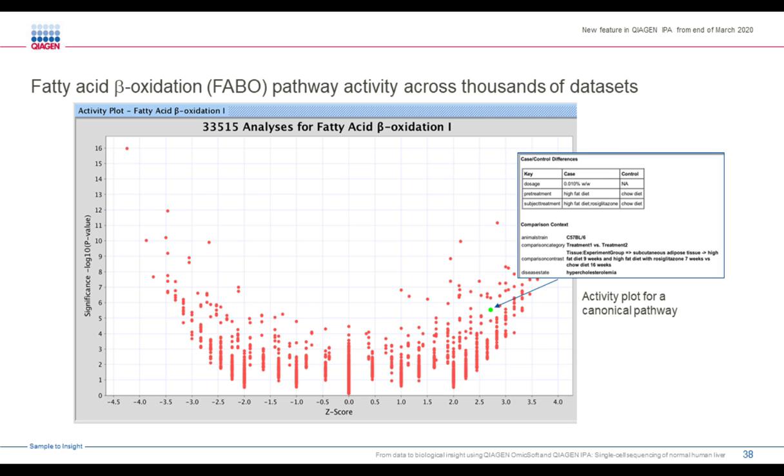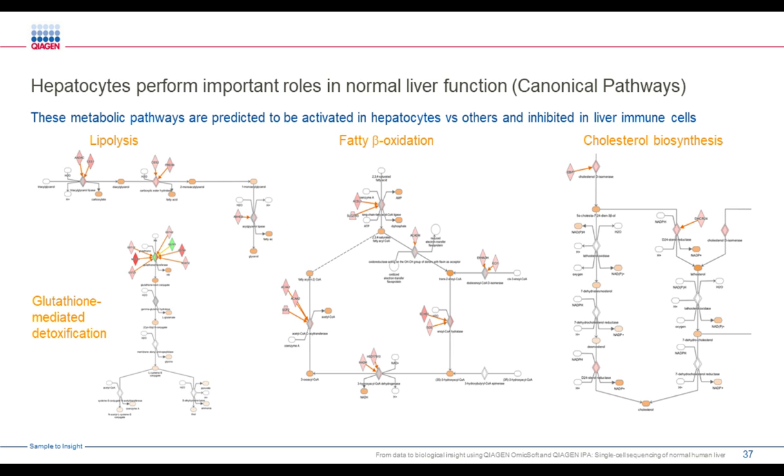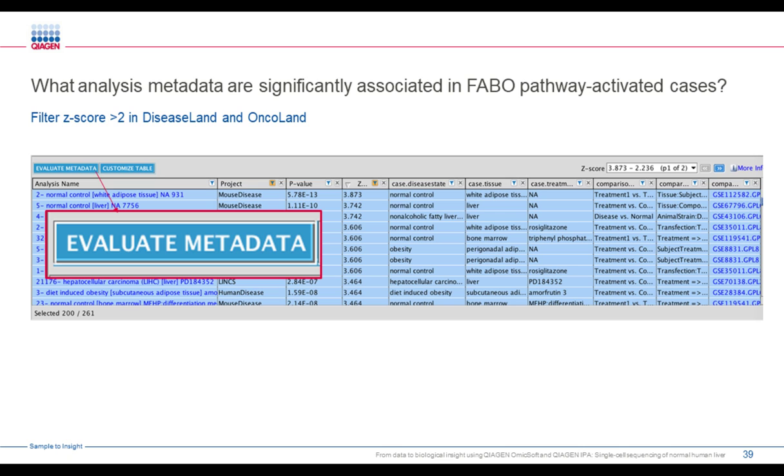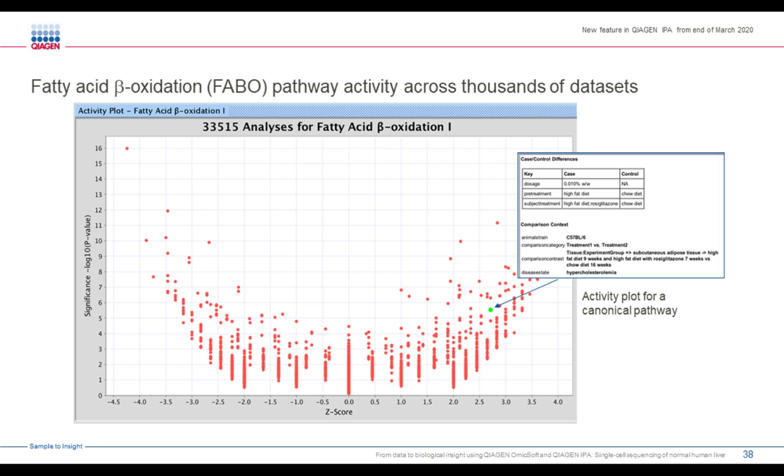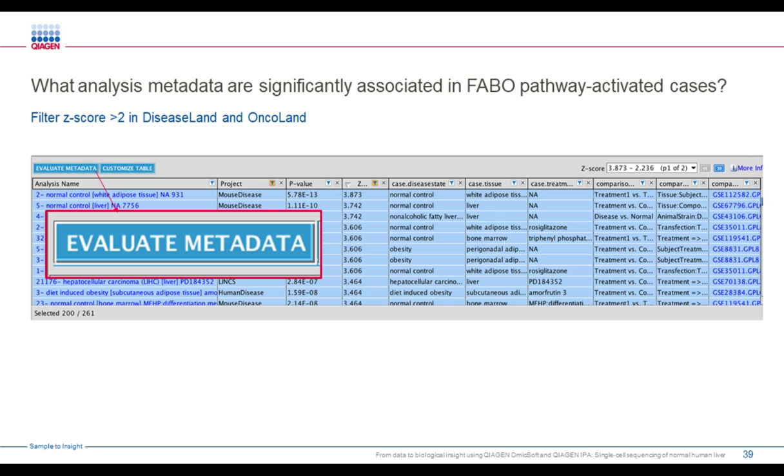So let's explore where fatty acid beta oxidation is mainly predicted to be activated. So we use a tool that will basically try to give us an idea of enrichment of keywords, right? That's what we try to gather. So I have selected on that previous slide a set of data sets that will give me a z-score superior to 2. So we have a very high confidence that the fatty acid oxidation pathway is going to be predicted to be activated.